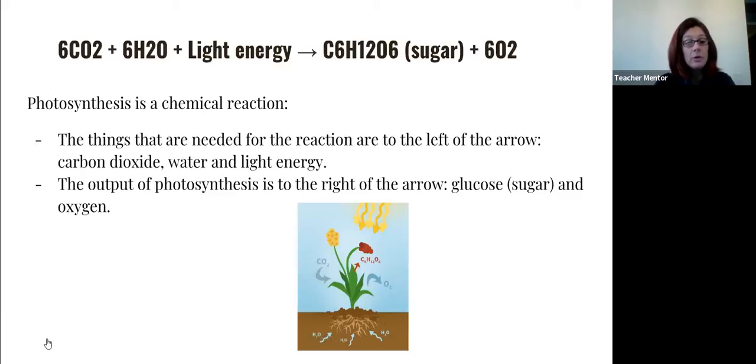Then the output of the photosynthesis is going to be to the right of the arrow. It's not an equal sign because it doesn't equal, it's going to yield or produce glucose, which is C6H12O6, that's glucose or the sugar, plus 6 oxygen molecules.